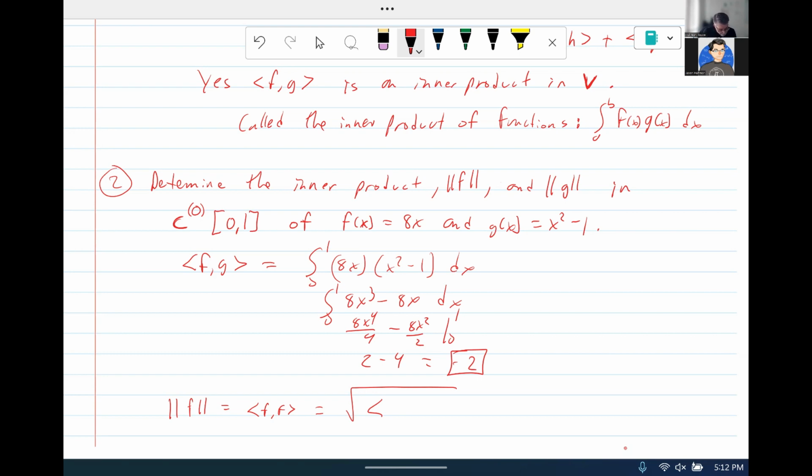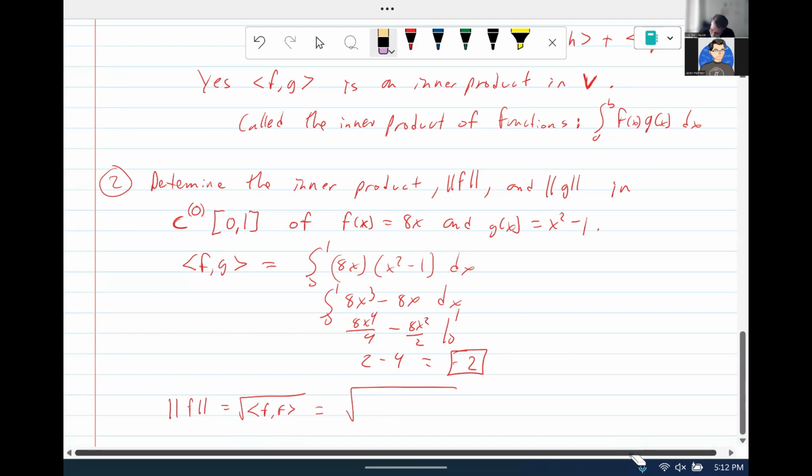Let me just make sure I'm doing this correctly. Yes, it should be the square root of the inner product; I left off a square root. And so this is going to be the square root of the integral from 0 to 1 of 8x times 8x.